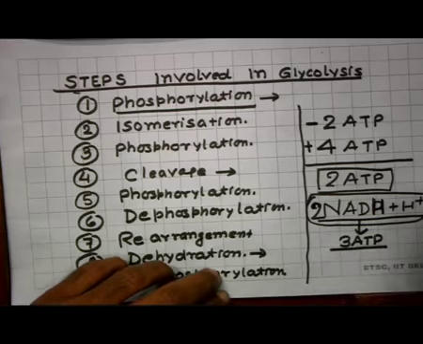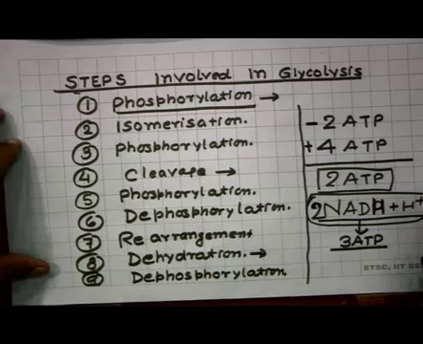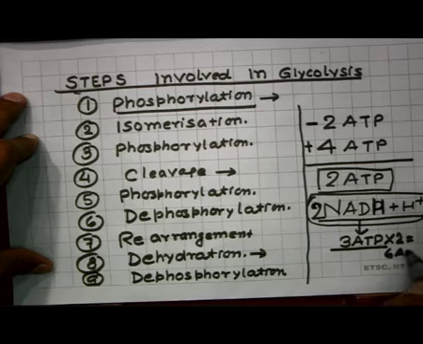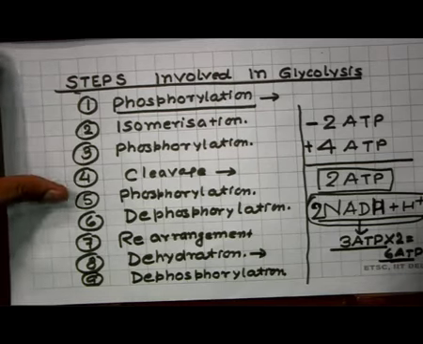So, after the reoxidation of 2 molecules of NADH, it forms 6 ATP, which we will find later on.